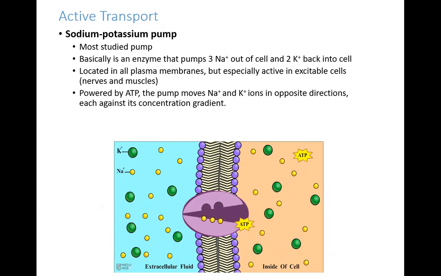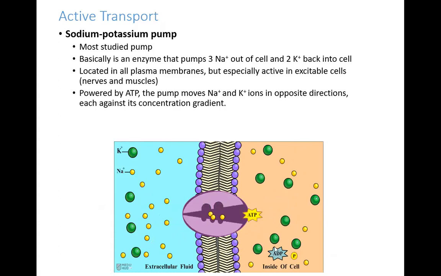And the one thing to remember about the sodium potassium pump is this phrase right here: 3 sodiums out of the cell and 2 potassiums back into the cell.